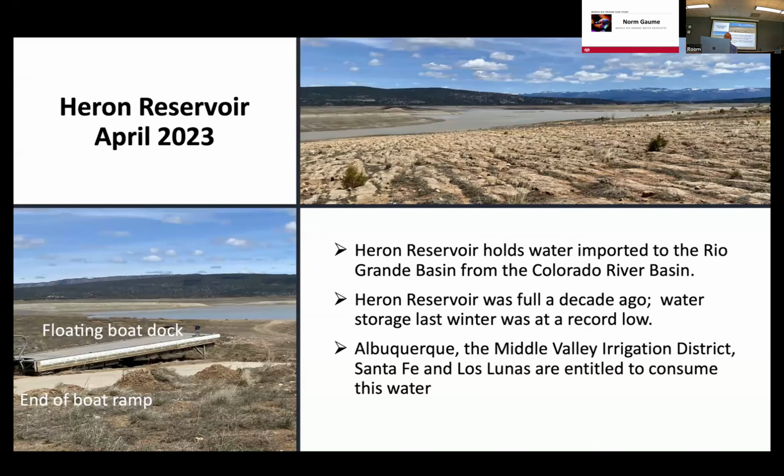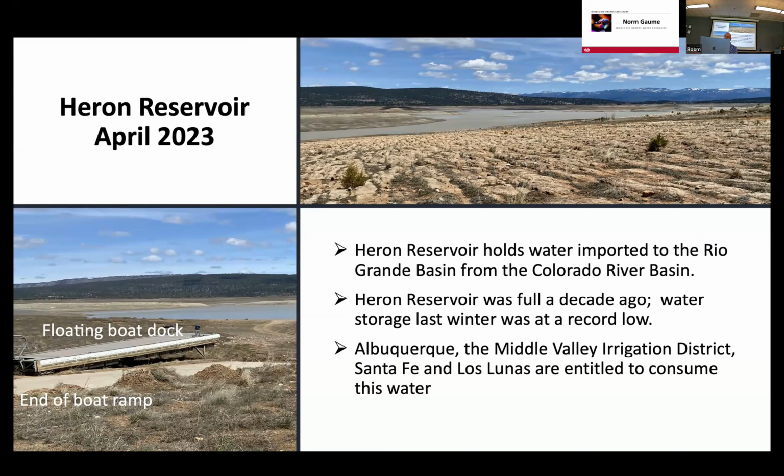Heron Reservoir is constructed on a tributary to the Rio Grande. It holds water that's imported into New Mexico from the Colorado River Basin. It's imported under the Continental Divide through tunnels. Albuquerque, Middle Valley irrigators, Santa Fe, and Los Lunas are entitled to the bulk of this water.